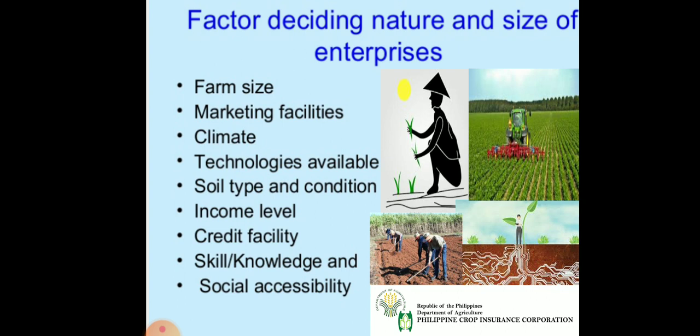So skills and knowledge of the farmer is essential. As I mentioned earlier in the previous slide, the perception and the acceptance of technology of a certain farmer must be assessed by you. So, kapag ayaw na ng technology or yung traditional lang ang alam niyang gawin, ayaw niyang i-accept ang ibang technology, then you need to intervene.